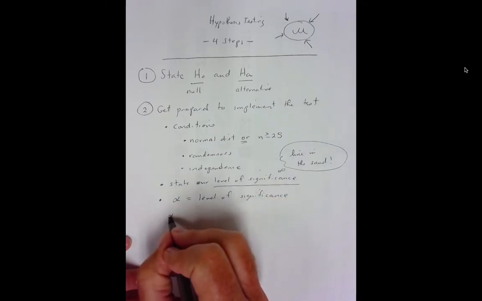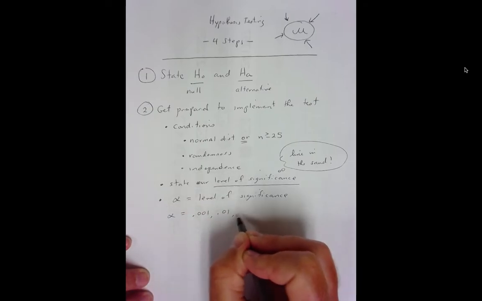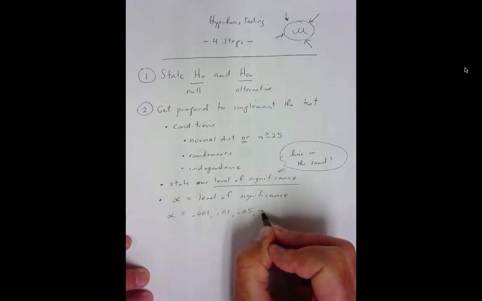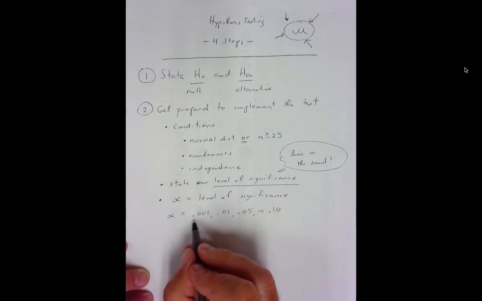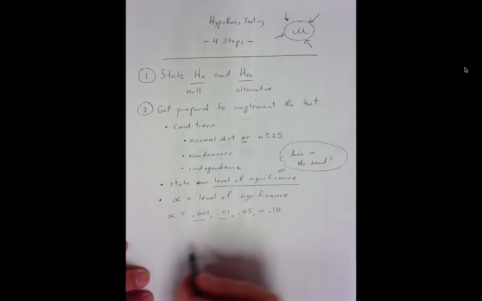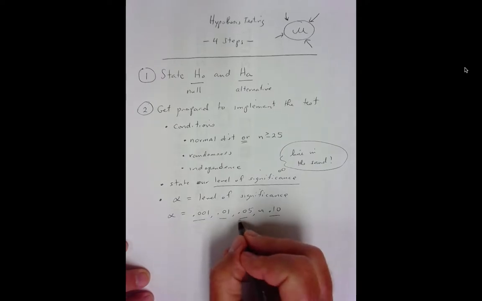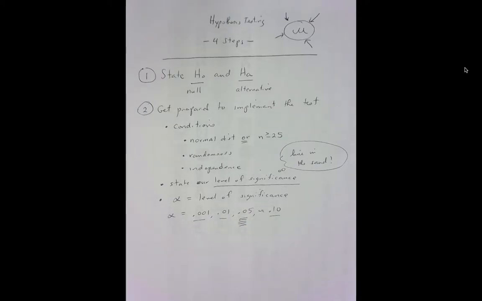And guys, alpha is usually set at one of these levels. It's usually set at 0.01, 0.001, 0.05, or 0.10. Almost always you will see your level of significance set at 0.05.